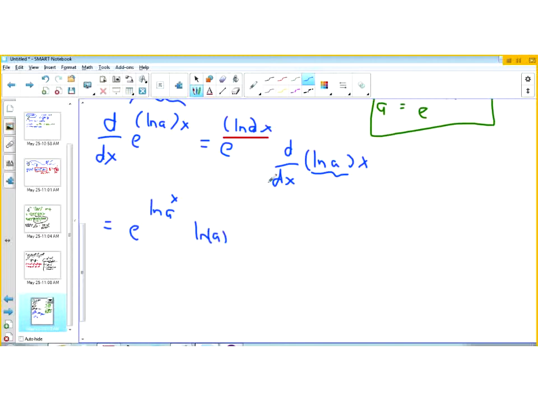And so we're left with the derivative with respect to x of x, which is just 1. Okay, and so now we can write the natural log of a, and since e to the natural log of a number is just the number itself, we have this. And so there's your formula for the derivative of an exponential function.